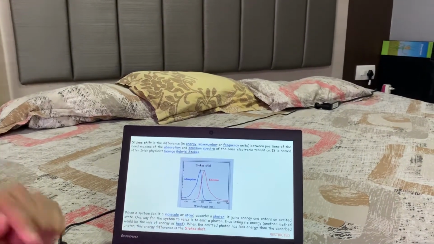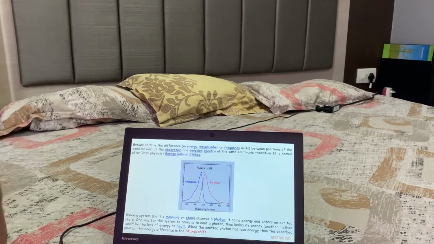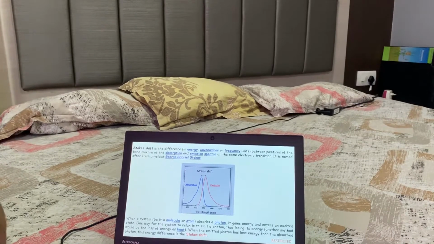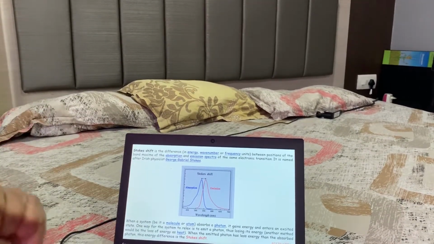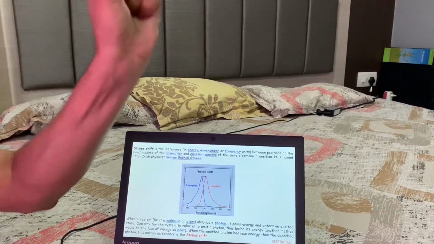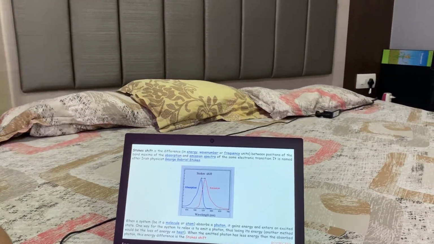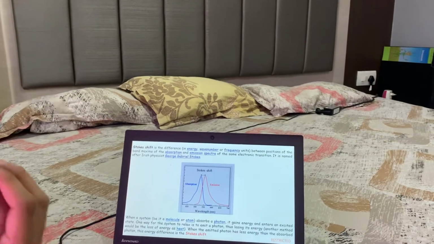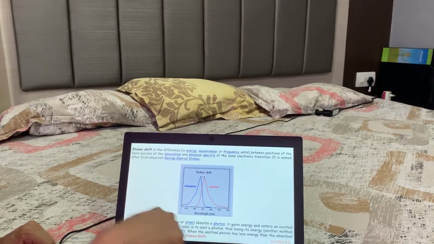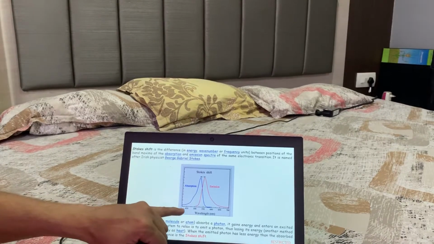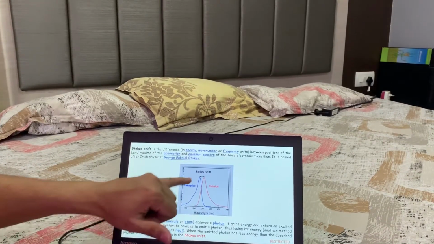And when the emitted photon has less energy than the absorbed photon, so in the beginning the absorbed photon has a higher energy and it goes to the higher state. When it returns to the lower state, the energy of the photon is lower, and this difference is called the Stokes shift.